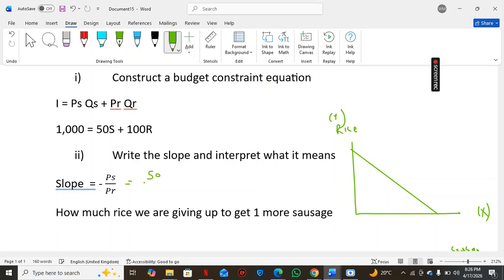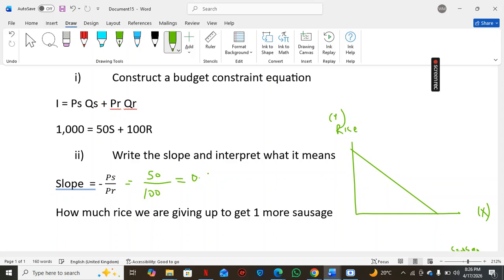The price of rice is 100 kwacha. So 50 divided by 100, that's 0.5. Yes.